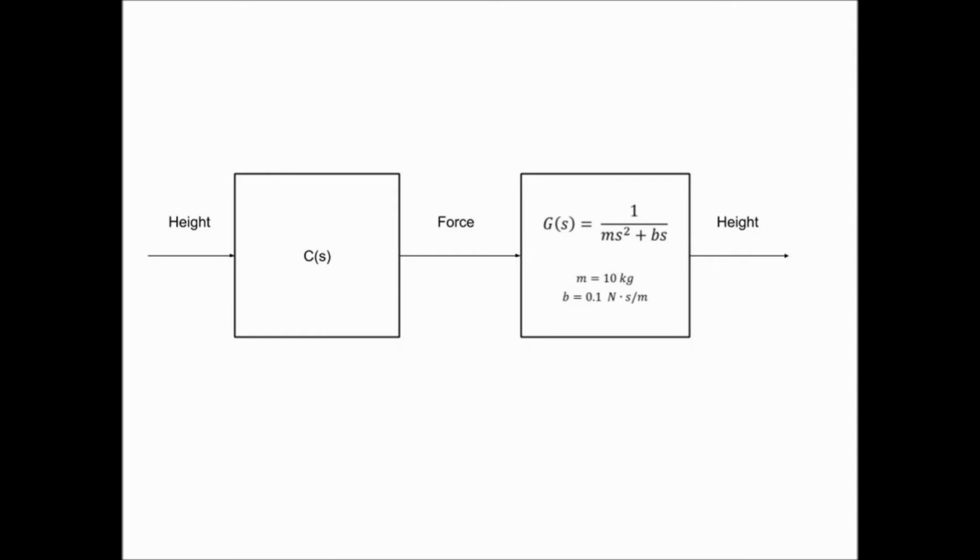Our transfer function for our plant, the open loop system, is 1 over ms squared plus bs. By using a mass of 10 kilograms and a damping coefficient of 0.1 newton seconds per meter, we find our final transfer function as 1 over 10s squared plus 0.1s.